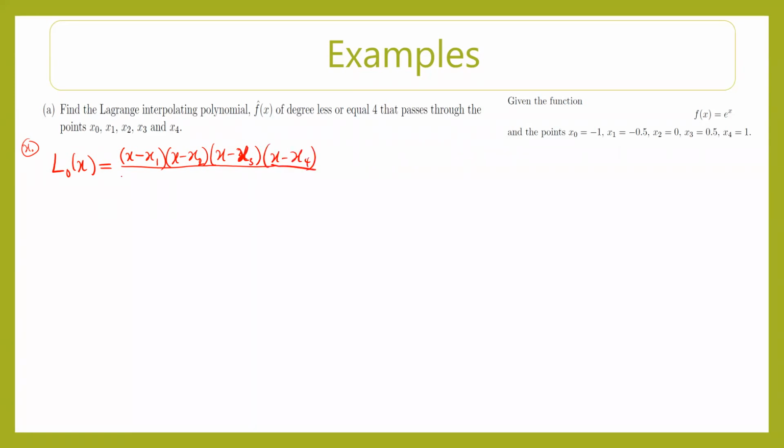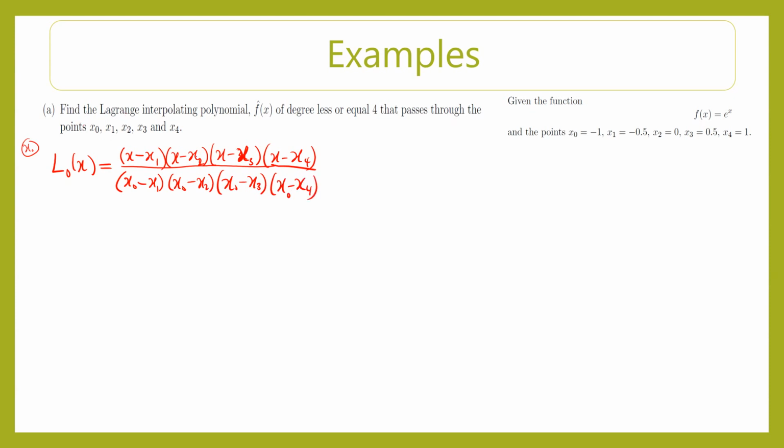All right, now the denominator here would now be x0. You start with x0 and make sure that what you have here corresponds to what you have done. So it's going to be x0 minus x1, then the same x0 minus x2, the same x0 minus x3, the same x0 minus x4.